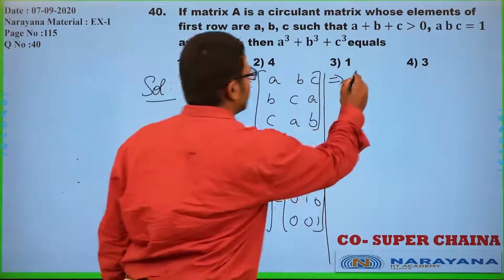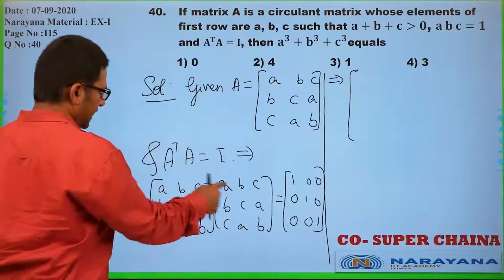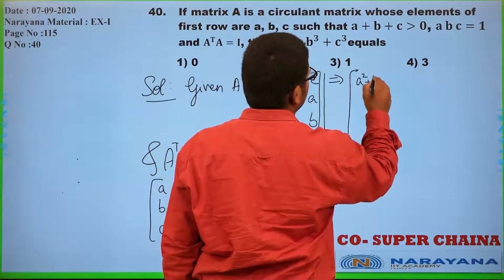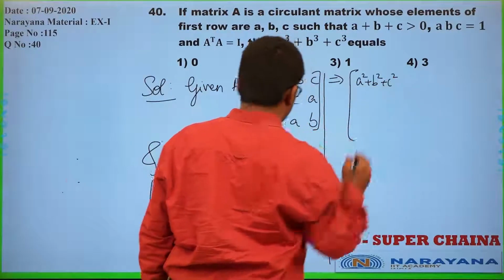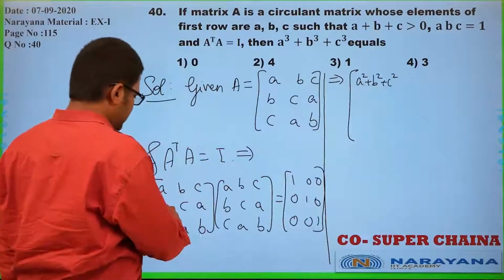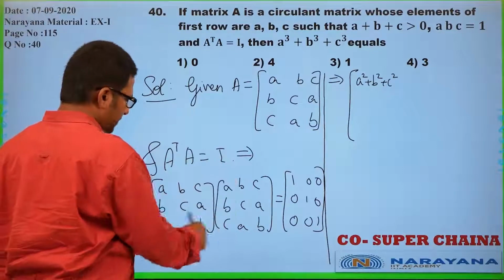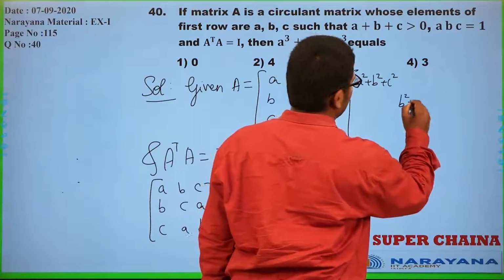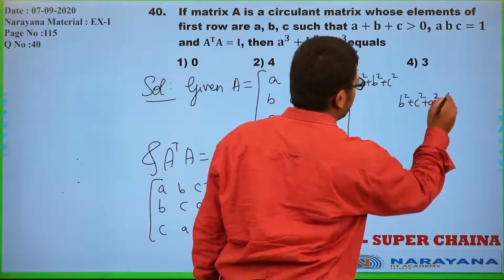Let us write the diagonal elements first. First row, first column: a² + b² + c². Second row, second column: b² + c² + a².